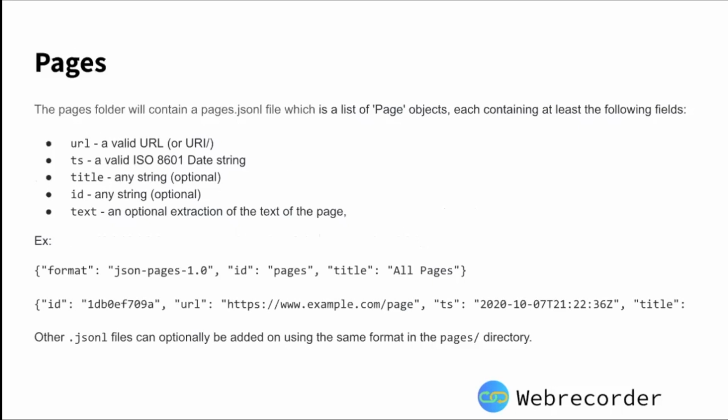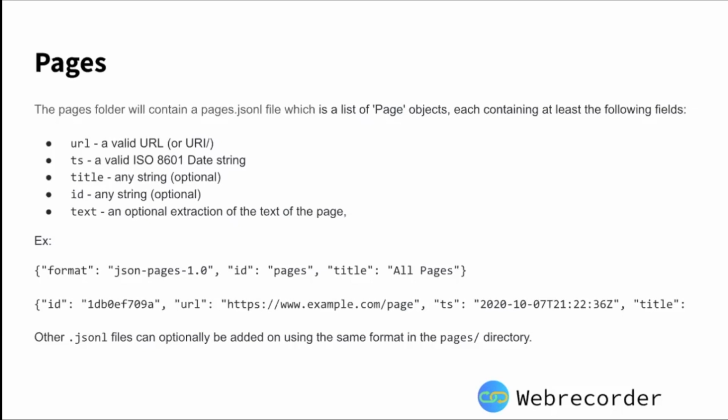And then there's also the pages folder. This is one of my favorite parts of this, because the pages folder will always contain a pages.jsonl file, which is a list of the pages in your archive, each line containing at least the following fields: the URL of the page, the timestamp, the title, the ID, and the text.